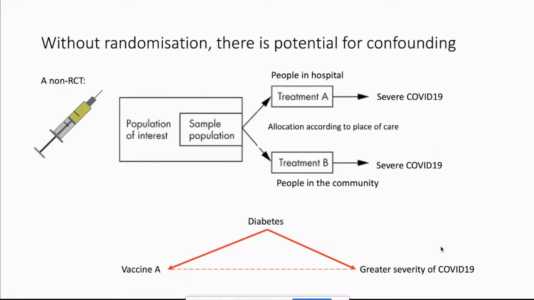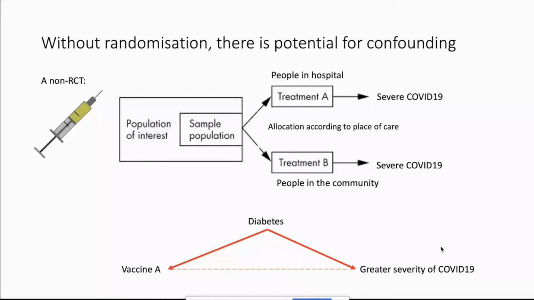To give an example of how a study would look if there wasn't any randomization, and how confounding comes into play, we could look at a non-randomized controlled trial. Let's say a major pharmaceutical company wanted to set up a new COVID-19 vaccine trial. However, instead of randomizing people properly, they decided to allocate people to receive either vaccine A or vaccine B according to where they are.